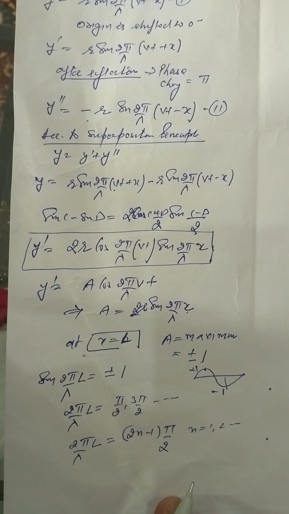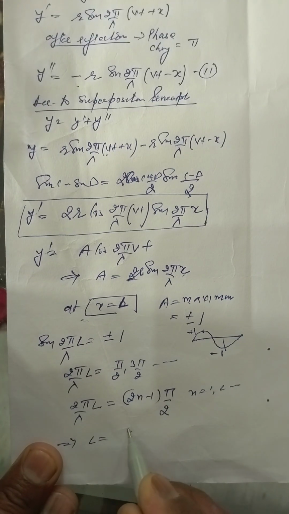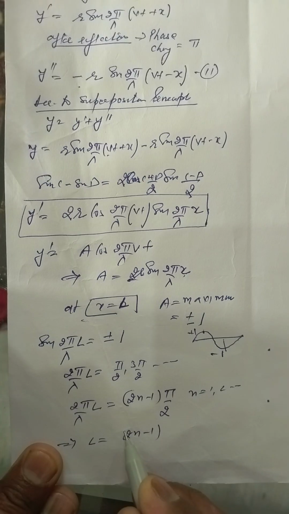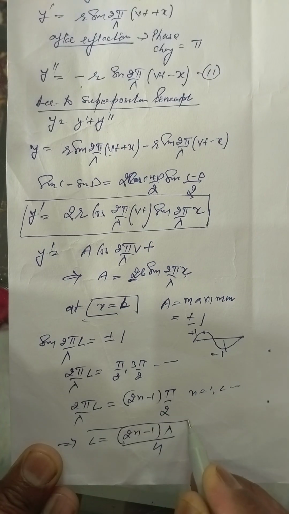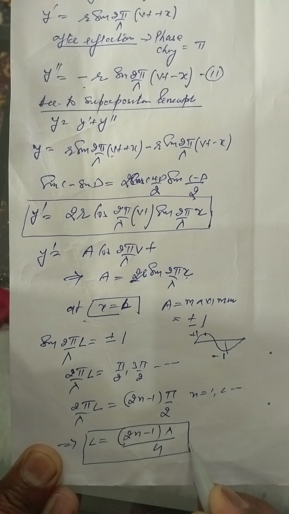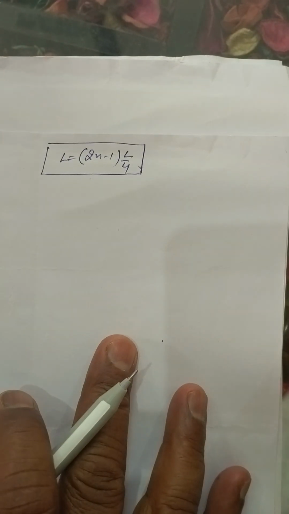So L = (2n − 1)λ/4, as π cancels. This is the final condition which will be used to find the various modes of vibration.